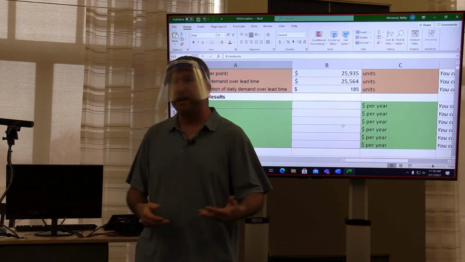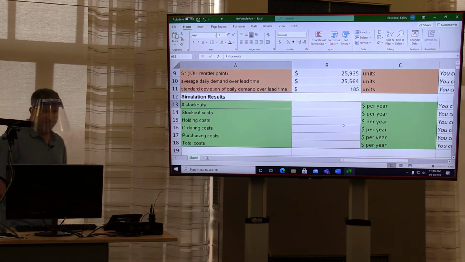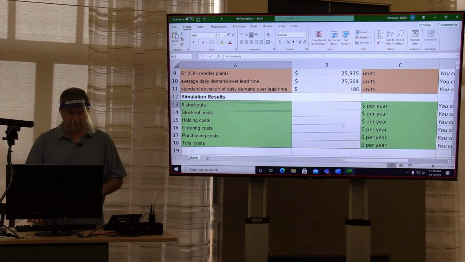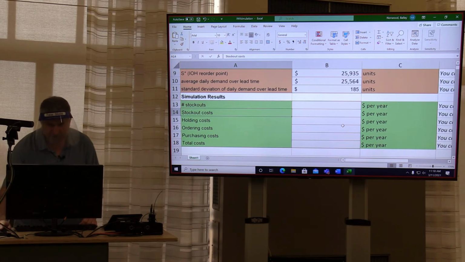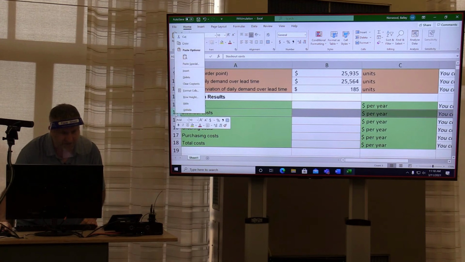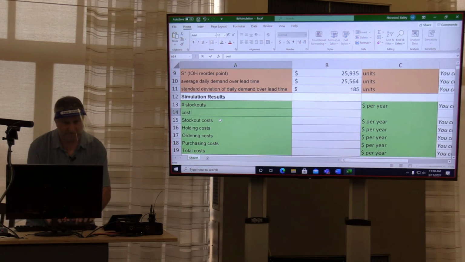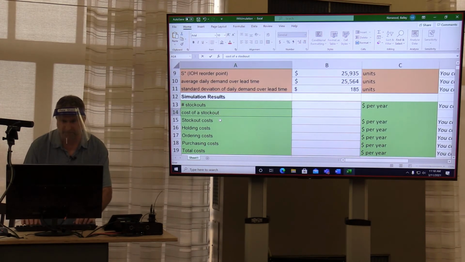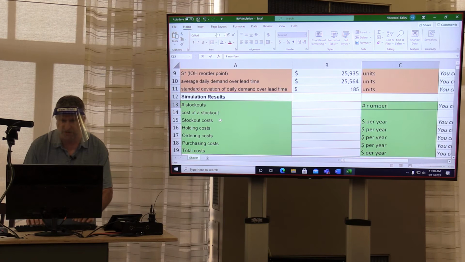So that's something we're adding into this model. We've got this thing here that says stockout cost, number of stockouts, and you're going to see in the video you have to actually add something here. Okay, number of stockouts is actually number per year.